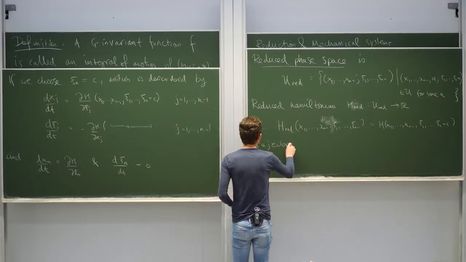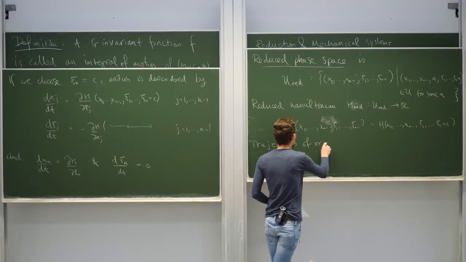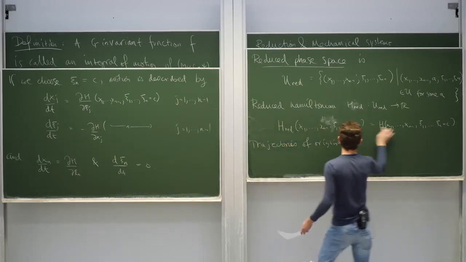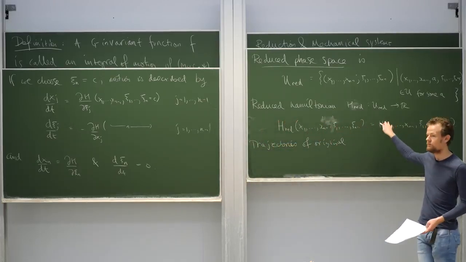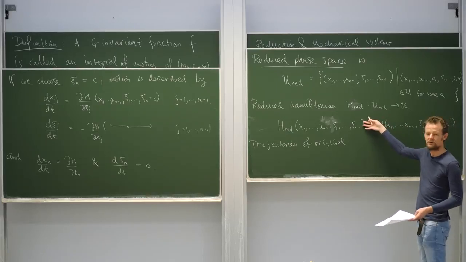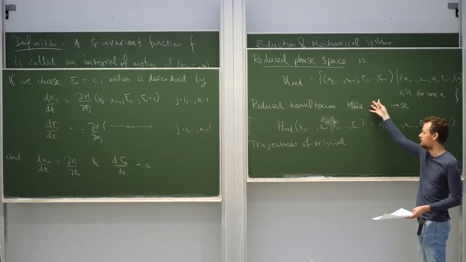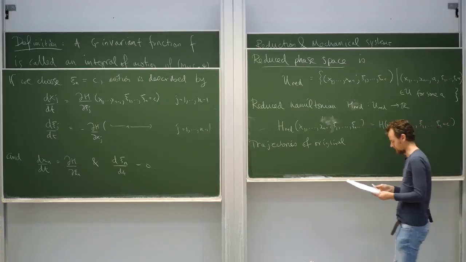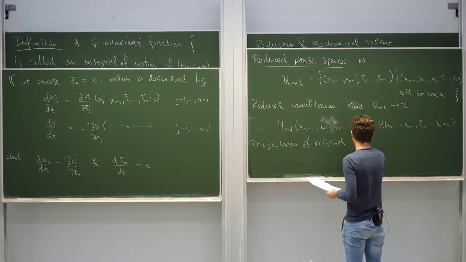And how do we work out trajectories of our original system? So we can work out trajectories of the reduced system. This has got fewer coordinates, fewer independent variables. So you could solve this system first, and then you want to work out what are the trajectories in the original system. What do the orbits look like along F?